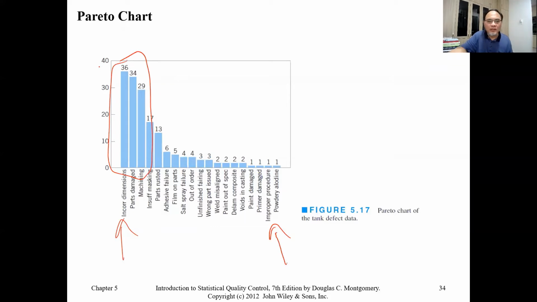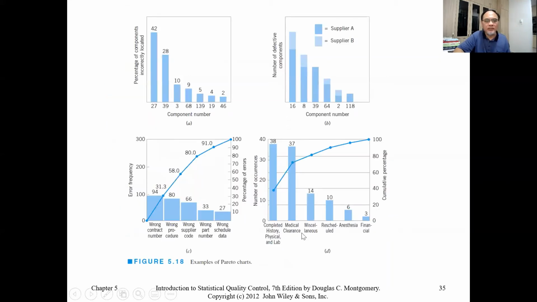If you calculate the cumulative percentage, you find that it is close to 80%. It doesn't have to be exactly 80%, it's the 80-20 rule. So, examples of Pareto chart. This is cumulatively 80%. So these first 3 defects constitute the most frequent occurrences, and you want to solve those first.